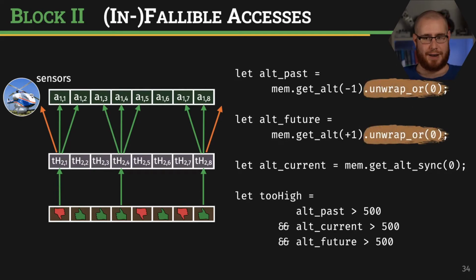And these 2 unwrap OR functions are conditionals. And conditionals are always way slower than normal instructions. So we try to avoid them. Since we know, however, when these different accesses succeed or fail, we can use this information in the translation.